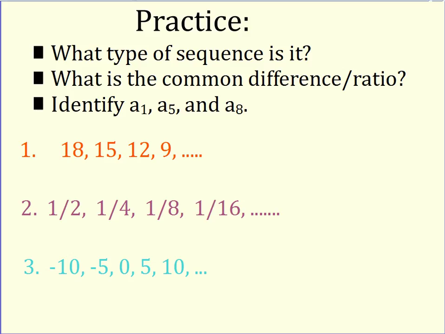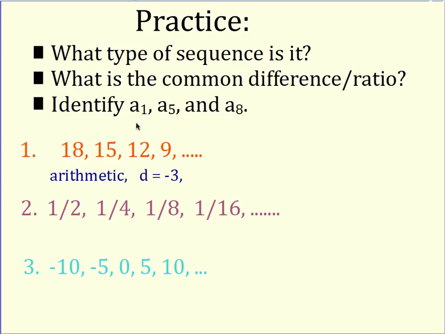But remember, our two types of sequences only refer to addition and multiplication. This is still an arithmetic sequence, but we would say our common difference is -3. Instead of saying we subtract 3, we are adding -3.